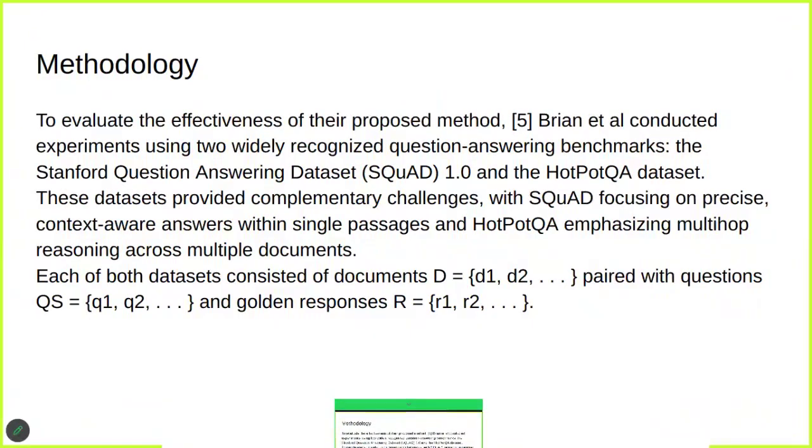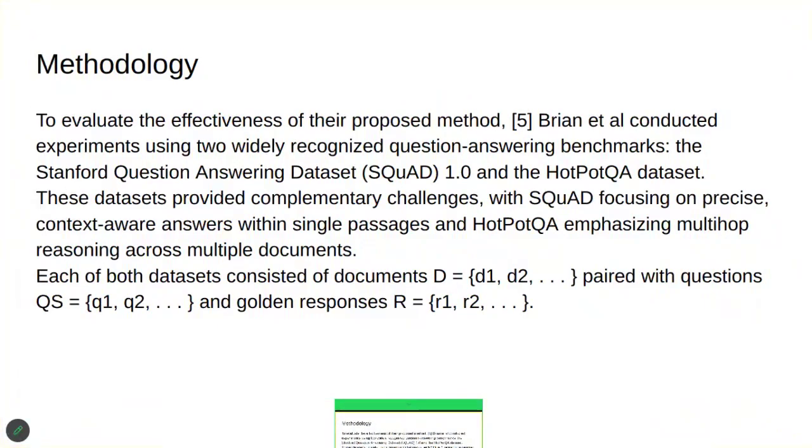They conducted experiments on two widely recognized question answering benchmarks: the Stanford Question Answering Dataset, SQuAD 1.0, and also the HotPotQA dataset. These datasets provided complementary challenges, with SQuAD focusing on precise and context-aware answers within single passages, while HotPotQA emphasized multi-hop reasoning across multiple documents.